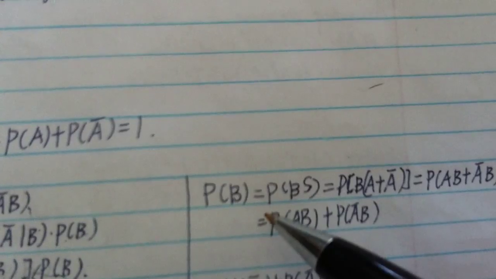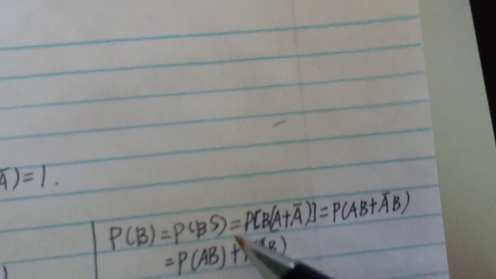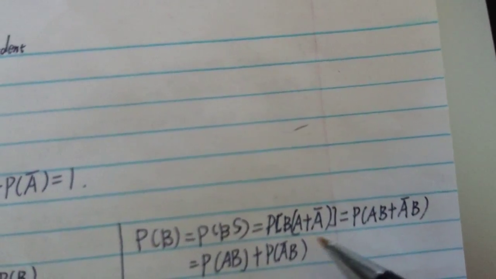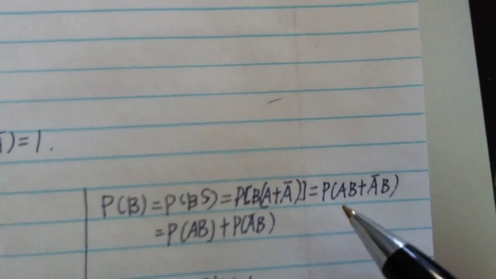At the beginning, we should know that the probability of B equals the probability of B S, and S equals A plus A naught.